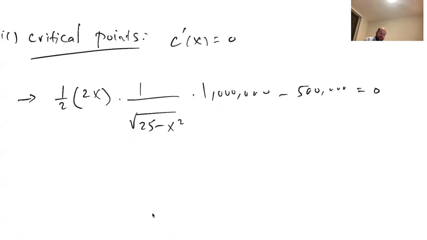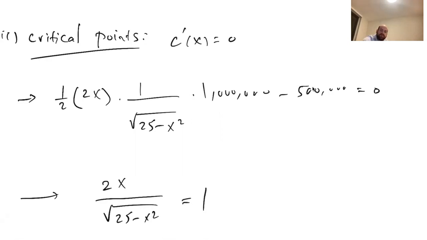So if I divide by 500,000, I'll get 2 over... 1/2 times 2x is x. So 2x divided by root 25 minus x squared equals 1. See, I took this term to the other side, then I divided both sides by 500,000.